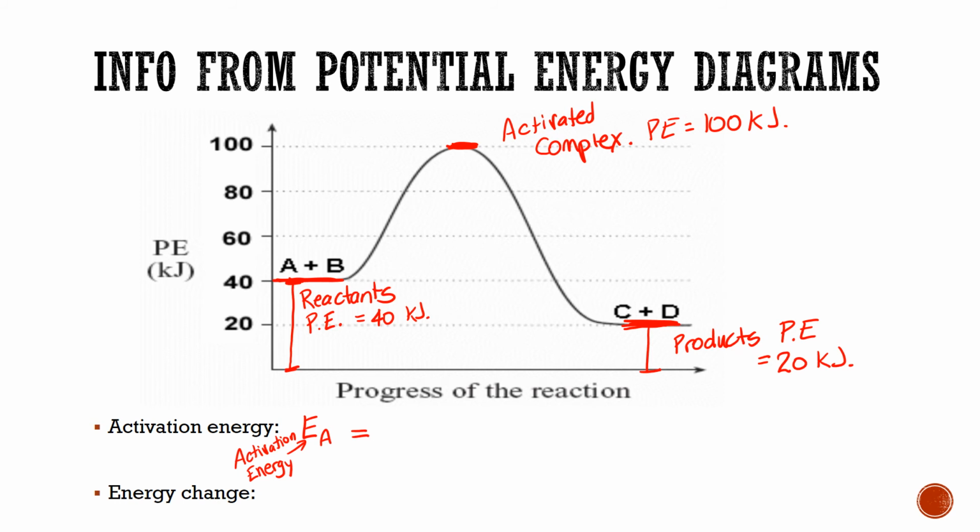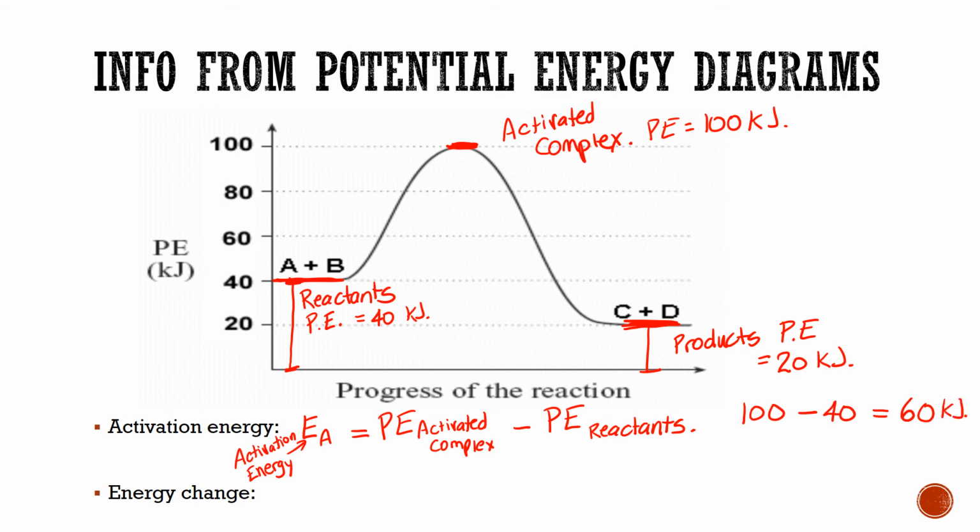Activation energy is equal to the potential energy of the activated complex minus the potential energy of the reactants. So for this particular potential energy diagram, we can just go ahead and calculate that. Potential energy of the activated complex is 100 minus the potential energy of the reactants, which is 40. That gives me 60 kilojoules.